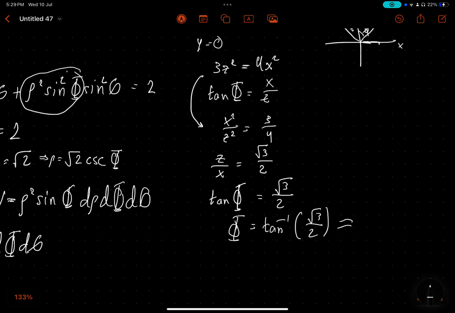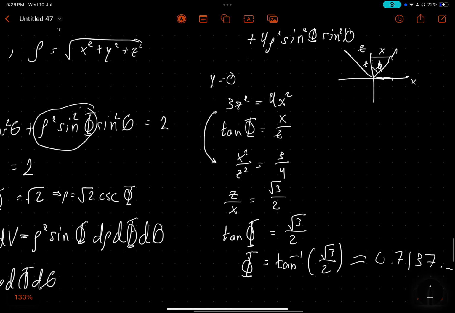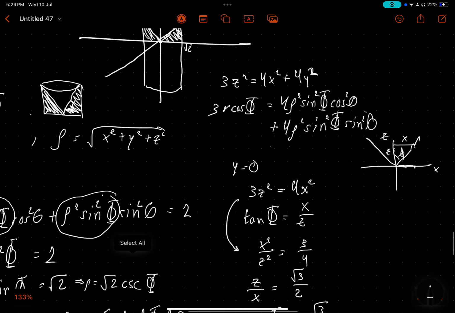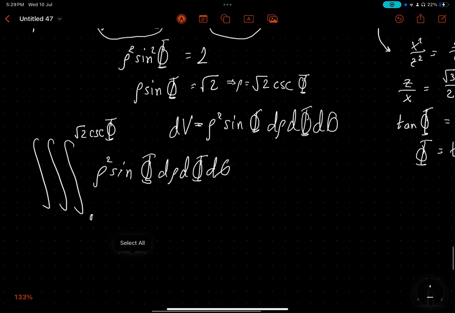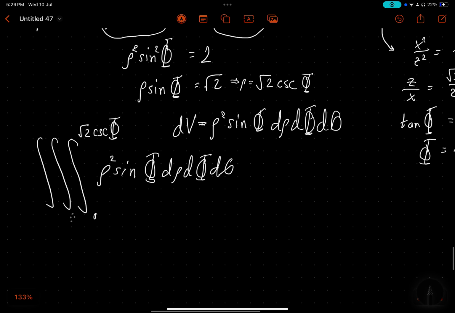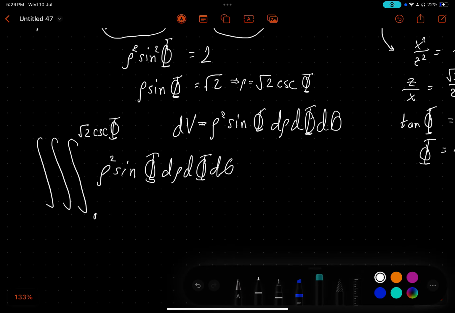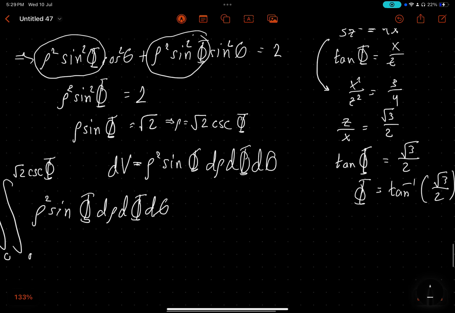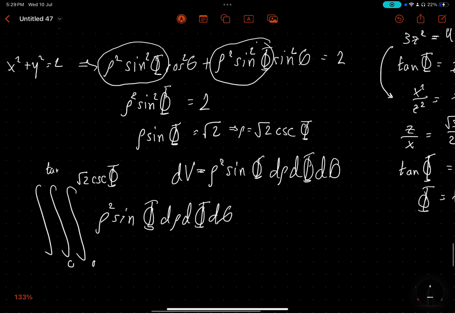It's not a multiple of pi, so just keep it as it is. Now this is our phi. So phi is gonna go from 0 up to tan inverse root 3 over 2.